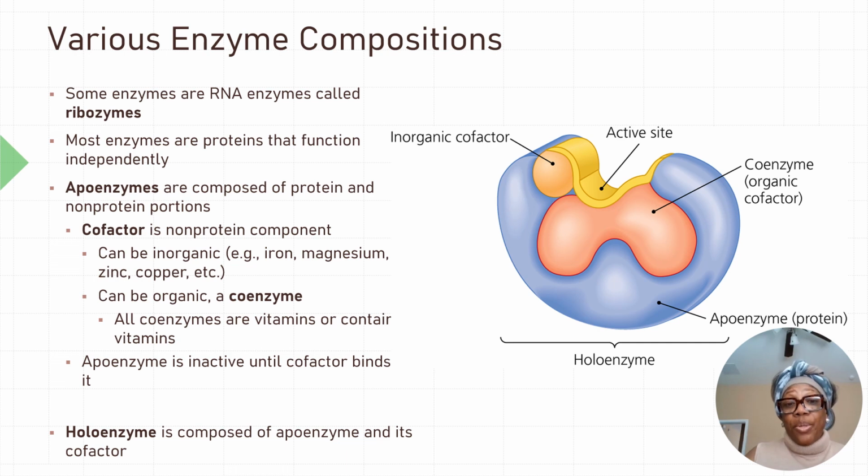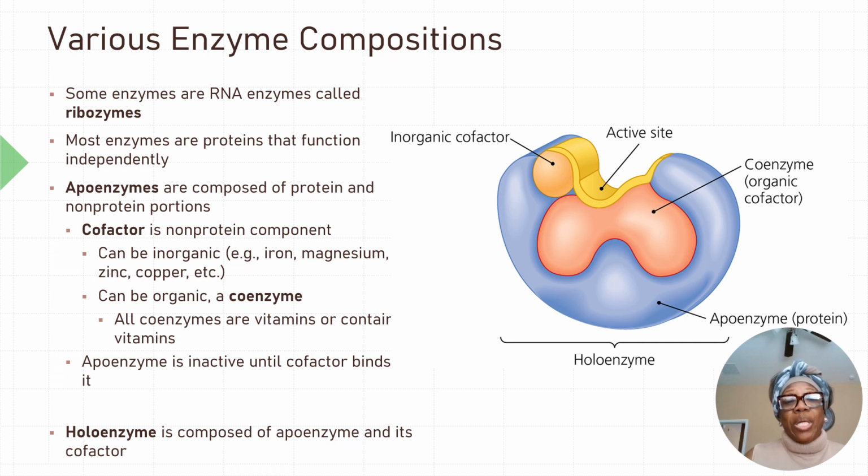Most enzymes are proteins and they function independently. But there are some enzymes that need help to become active. They aren't active and aren't capable of doing their job unless they have something else attached to it. So we have what's called apoenzymes. These types of enzymes are composed of protein and non-protein portions.